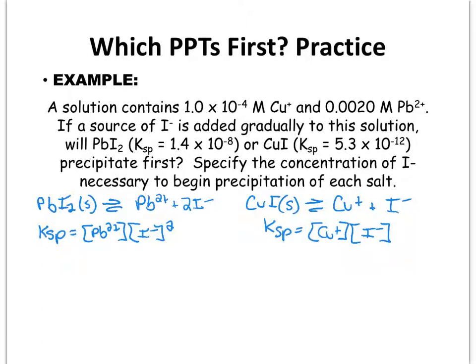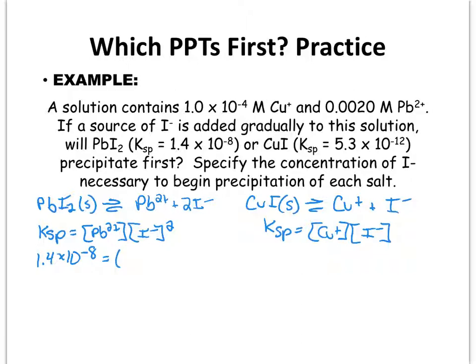All right, so I wrote the Ksp expression for both of my possible precipitates, and now what I do is I plug in what I know for each. So obviously I know the Ksp value here. We'll start with the PbI2 side. This is 1.4 times 10 to the minus 8th. All right, they told me the concentration of the Pb2+. If they didn't give me the concentration of the Pb2+, I'd have to find that depending on how this problem was set up, but they gave it directly to me in this.